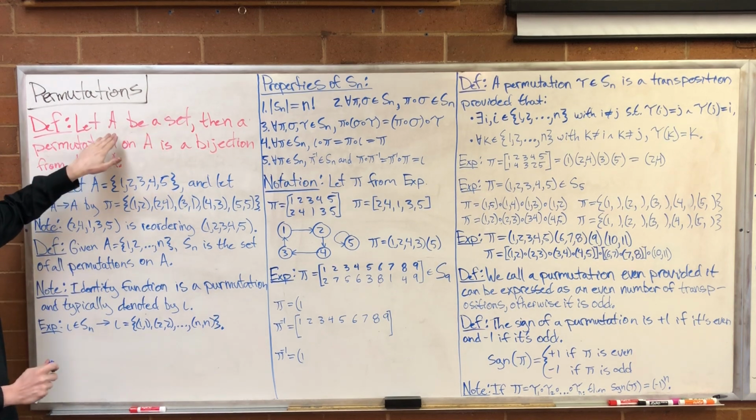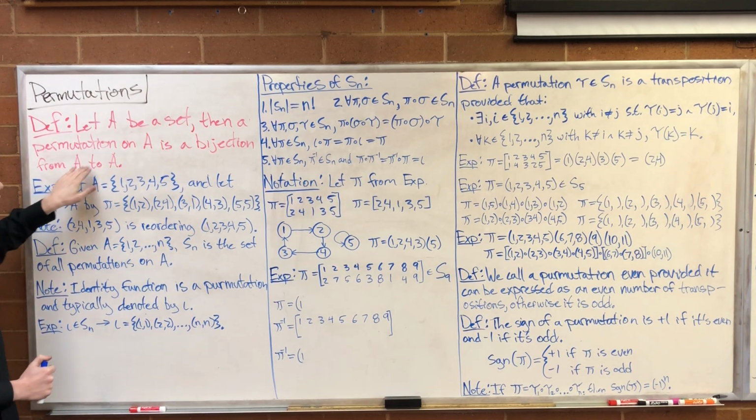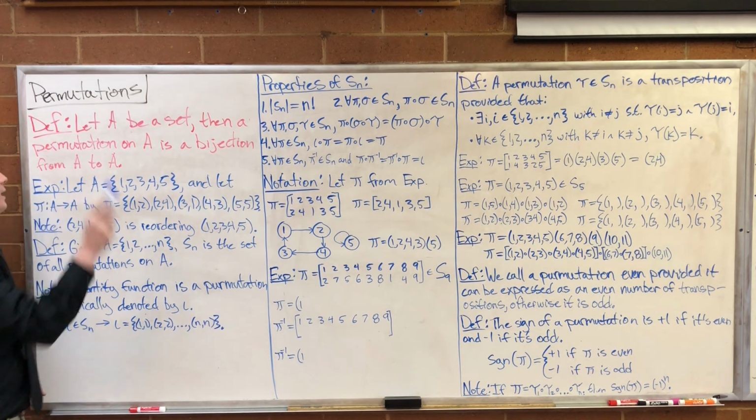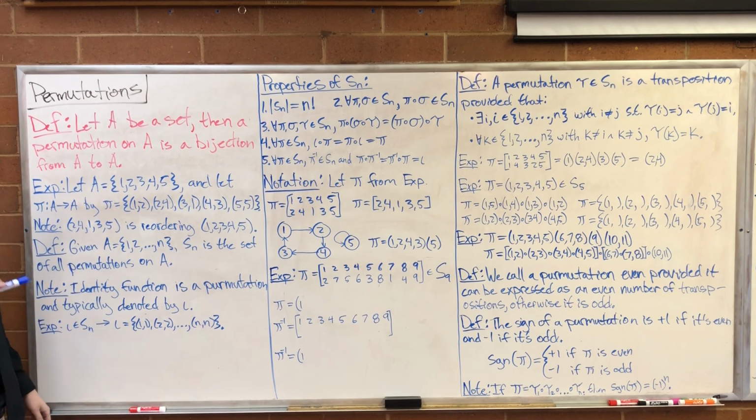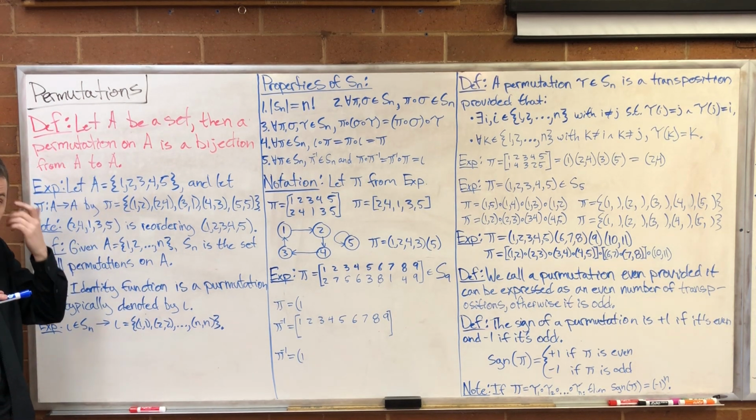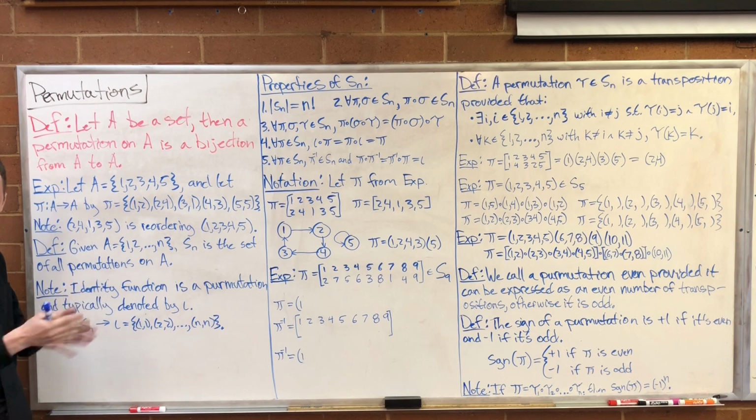So if a permutation is a bijection from A to A, what does that mean? That means it's a function that maps everything in A to one and only one thing in A. So everything gets mapped to something, nothing gets left out. Make sense? Yeah.